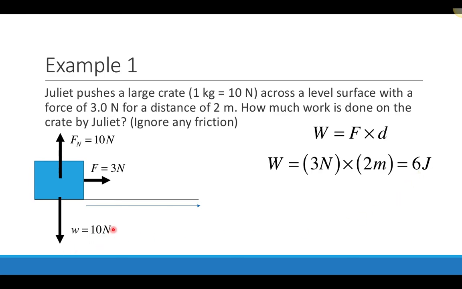Now, the weight is another force that's acting, and this normal force is also acting, but they do not contribute to any work being done on this crate because those forces are perpendicular to the direction of the motion, not parallel. So they cannot contribute to any work being done. They're not actually helping this object move from one place to another. So the total amount of work comes from just this 3 newton force and the distance that the object actually moves.